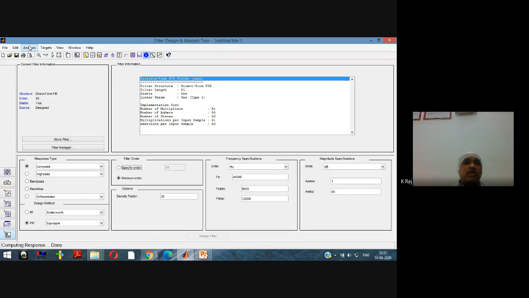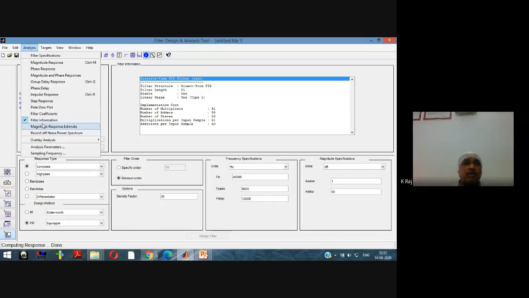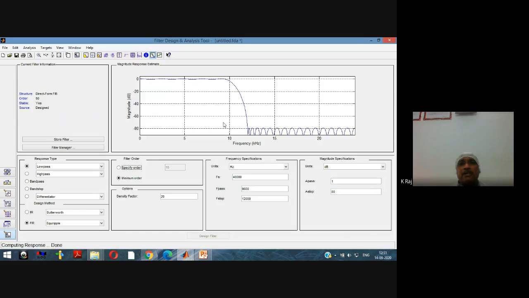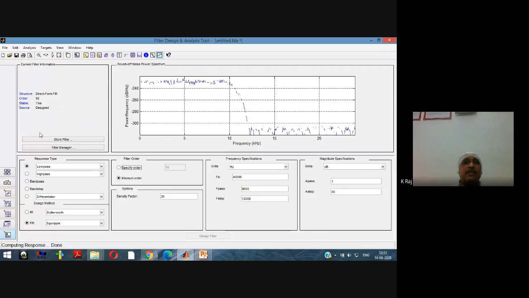And we can also analyze here the magnitude response estimation and the round off noise, in addition to these analyses. So these are the different types of analysis that can be done after designing the filter.